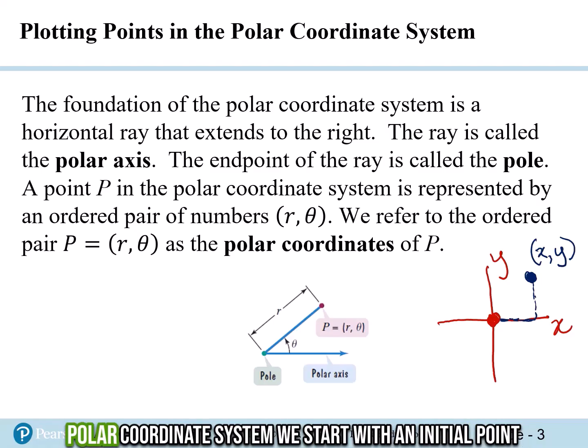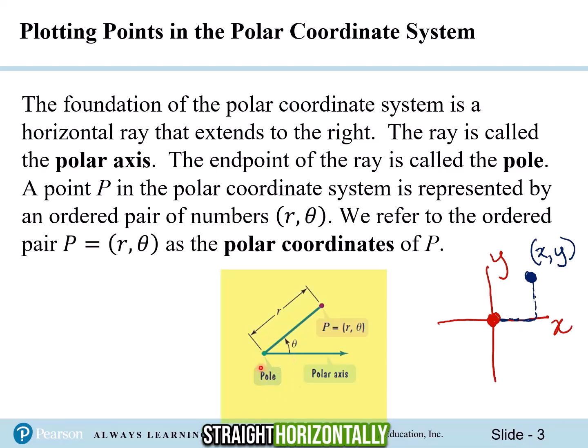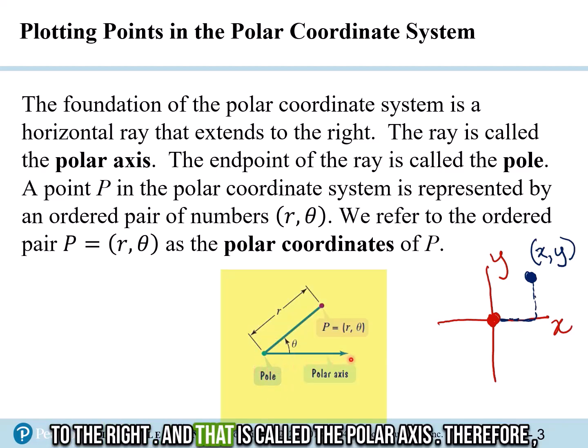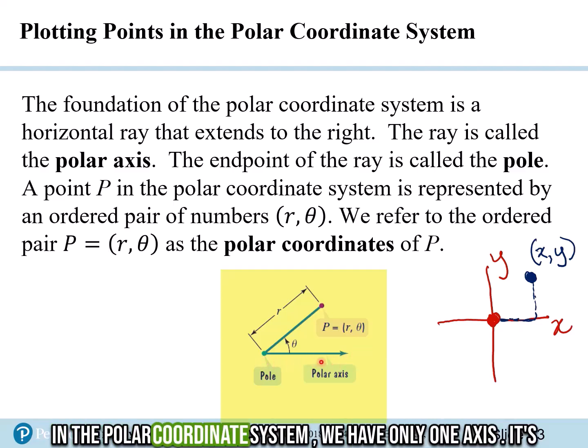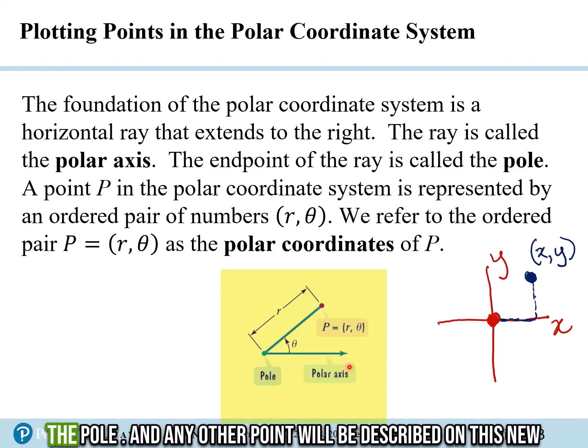Now, in the polar coordinate system, we start with an initial point known as the pole, and from that point we draw a line straight horizontally to the right, and that is called the polar axis. Therefore, in the polar coordinate system, we have only one axis. It's known as the polar axis, and its initial point is known as the pole.